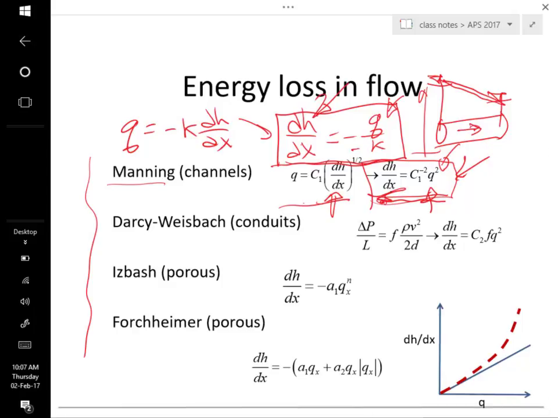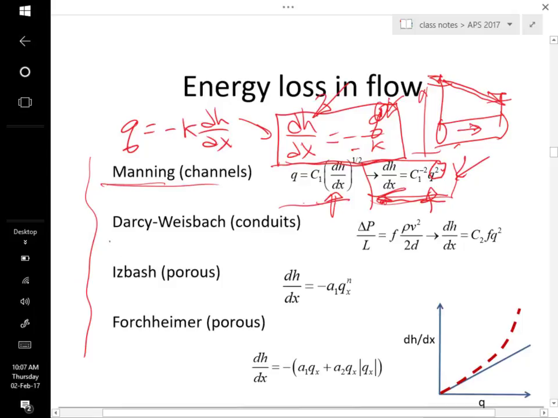Okay? So that's conceptually why you have a difference in the exponent. This would have an exponent of 1 right there. Okay? That change in the exponent is from the energy that's used up by these vortices. All right, so Manning is for channels.